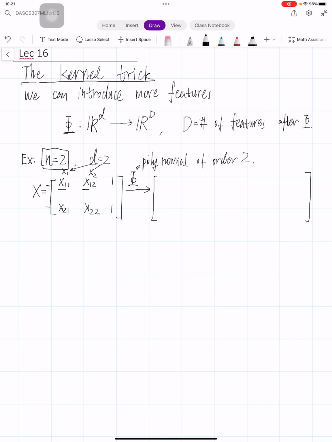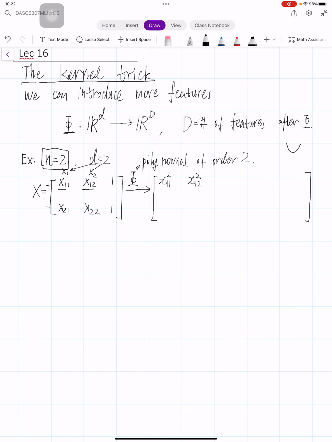We want the data to capture the quadratic pattern in the linear regression. So we can introduce more features, for example x11 squared, x12 squared.